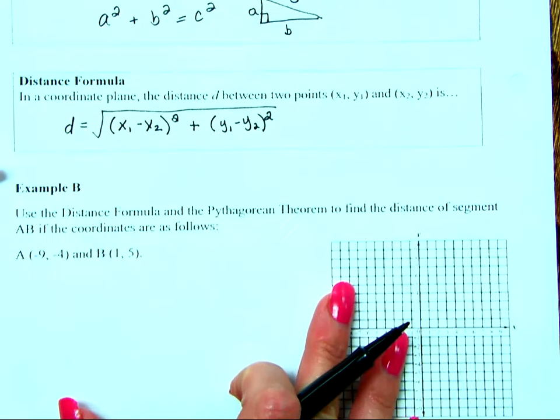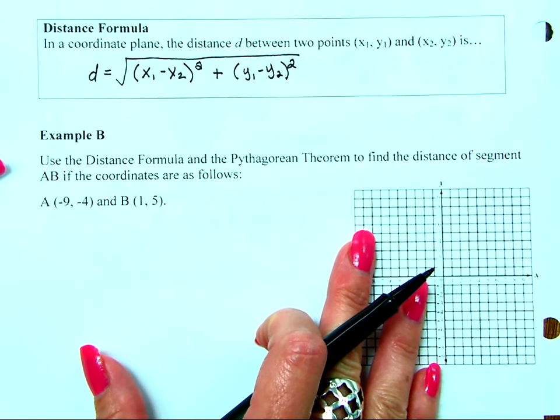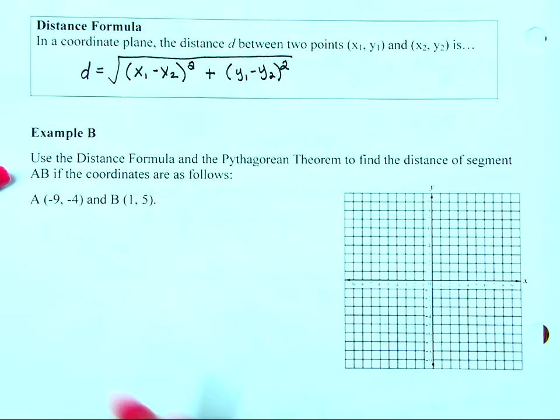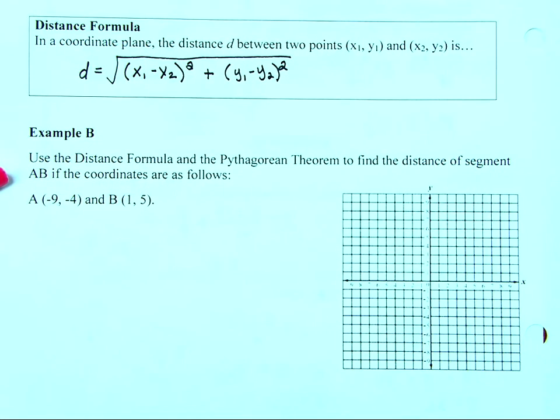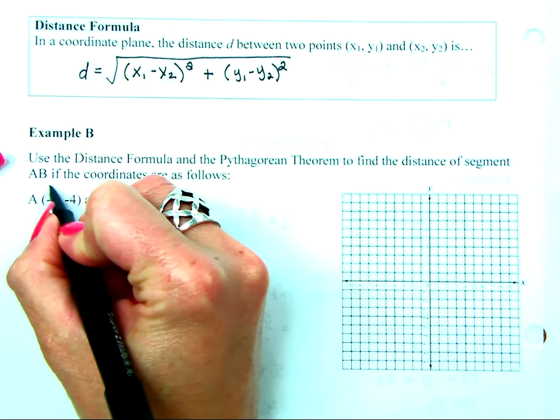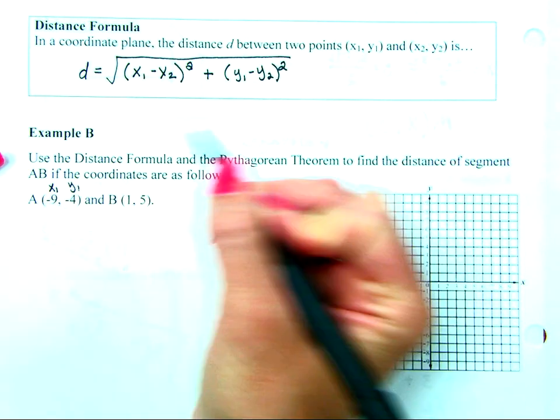If I look at example B, we're going to look at doing this both ways. My endpoints are -9, -4, and 1, 5. Well, if I didn't want to graph it, I could think about using my distance formula. Here is going to be my x1, y1.